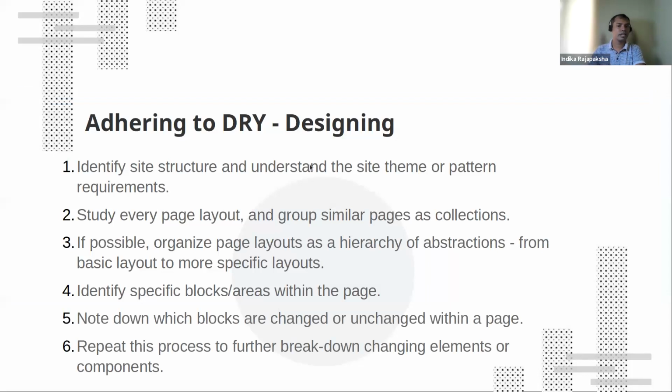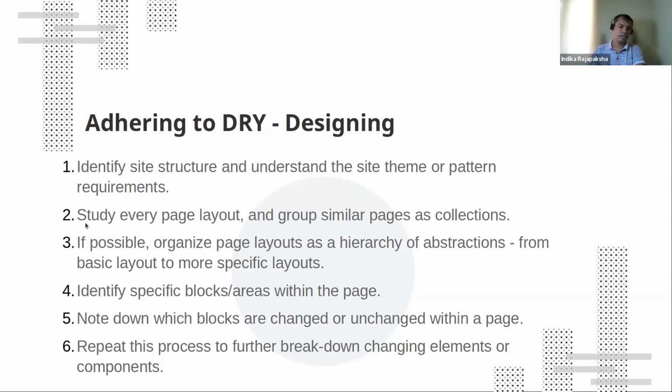So how can we adhere to DRY at design time? I have identified six steps which are very simple. The first step is to identify the site structure and understand the site theme or pattern requirements given by the client or the designer, right? This is the very first thing to do.